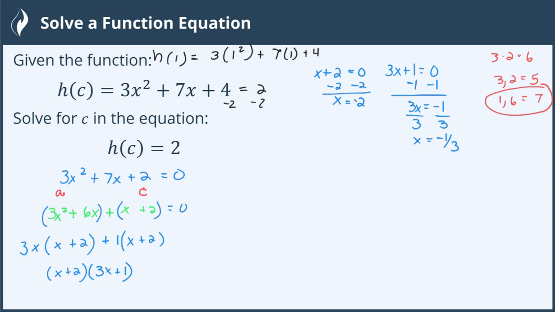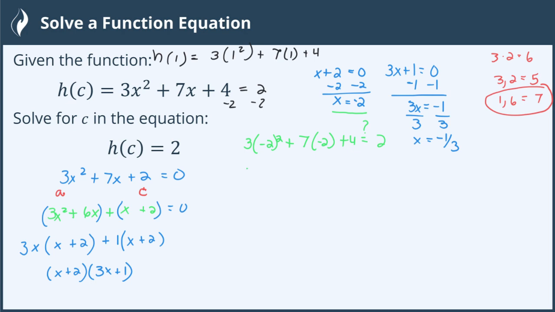So we have these solutions, and one of the anxieties that people have is, did I get it right? Well, we can figure that out. We're going to take this x equals negative 2, and substitute it back into the original equation. So we have 3 times negative 2 squared plus 7 times negative 2 plus 4. Does it equal 2? We're going to put a question mark there because we're not sure yet.